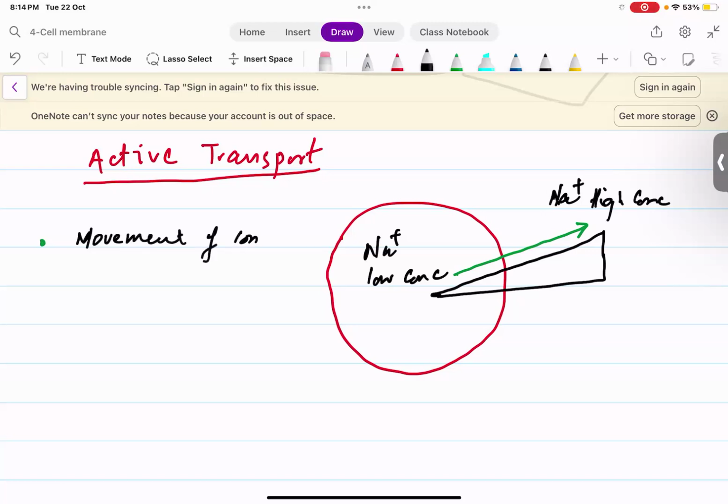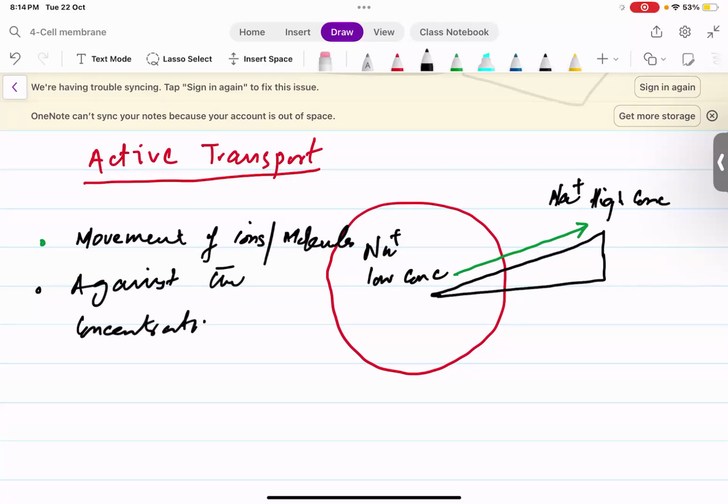of ions or molecules against the concentration gradient with the use of ATP.